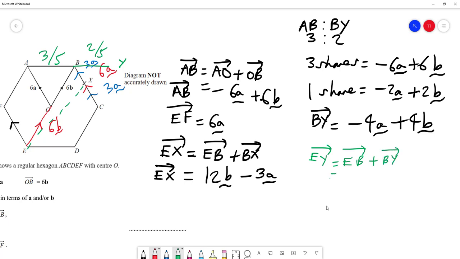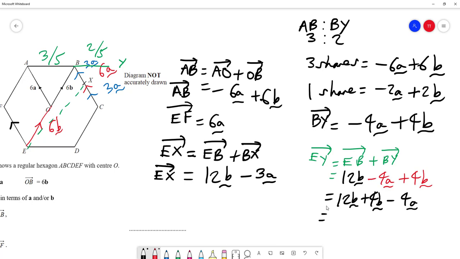We know EB is 12b, then I write BY in, which is minus 4a plus 4b. Collecting like terms, 12b plus 4b is 16b, minus 4a, which is the vector EY.